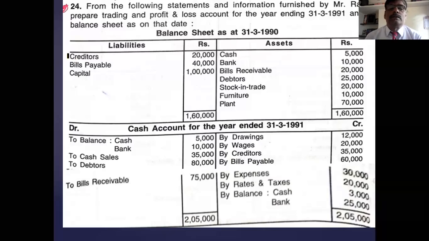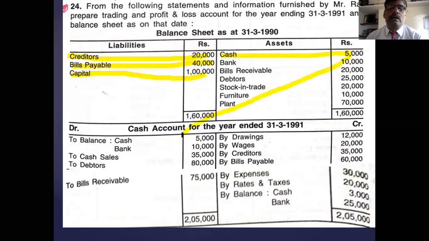The first item, the opening creditor, goes to opening balance of the creditors account. Second, bills payable goes to bills payable opening balance. Third, capital goes to balance sheet as opening capital. Then cash goes to cash book, opening cash balance.